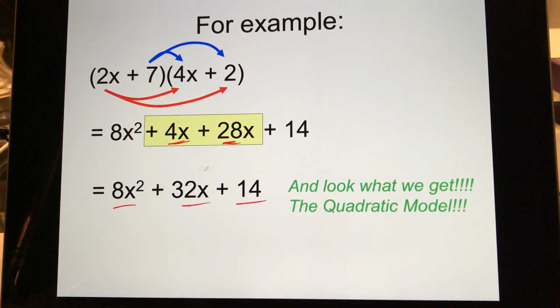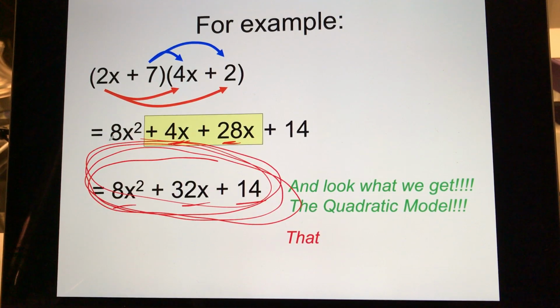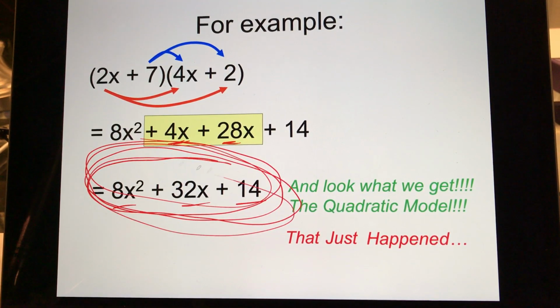And look what we get. This is the quadratic model. When we multiply two binomials together, we actually create a quadratic. That just happened. I know, it's pretty impressive. We see that this multiplication actually creates this model for us, which is actually very interesting.